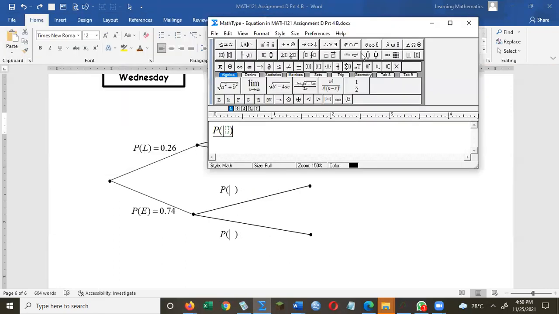Here's the symbol for if, that vertical line, late on a Wednesday. When you see this, you have to say if late on a Wednesday. If you want, you can put a subscript, a little W, even better, but too many symbols might confuse. But to be more explicit, here it is in symbolic form.